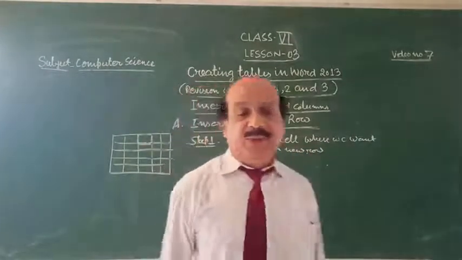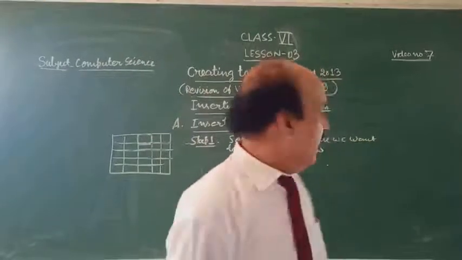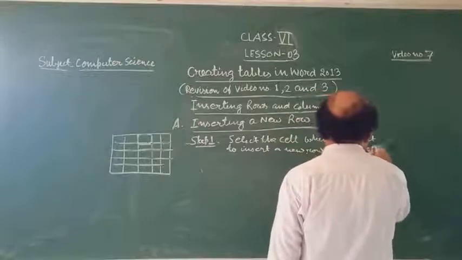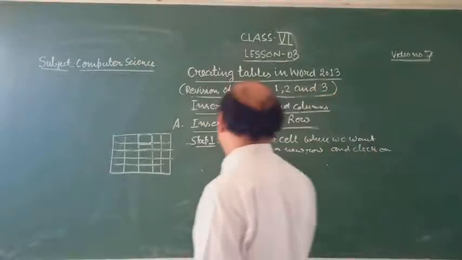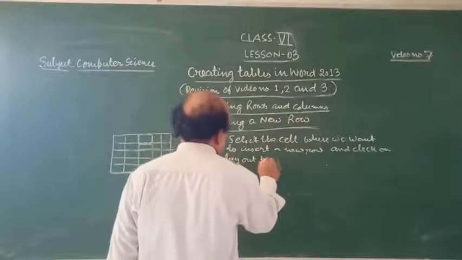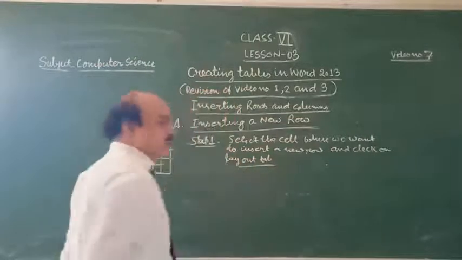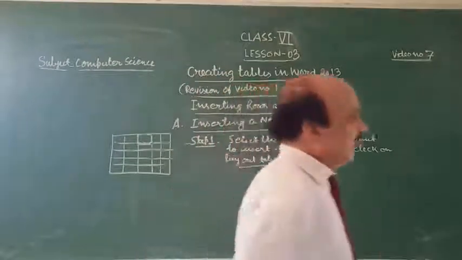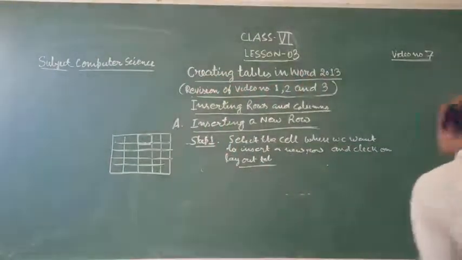And click on layout tab. So just as in the column you have selected the cell where you have to insert the column, in the same way you have to select a row.